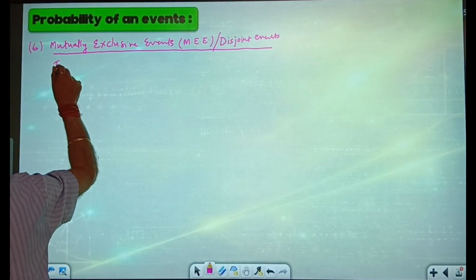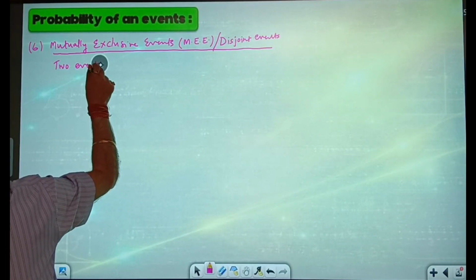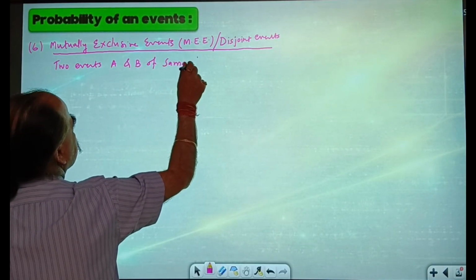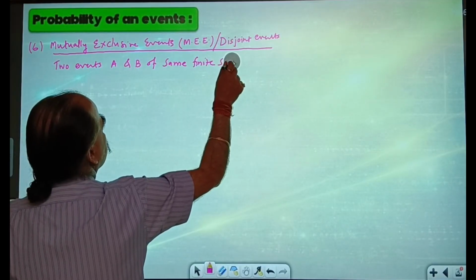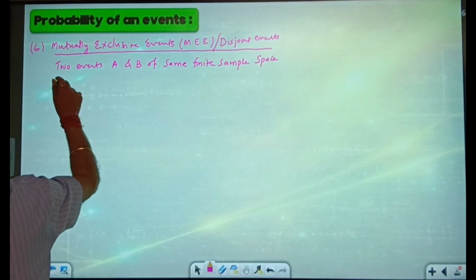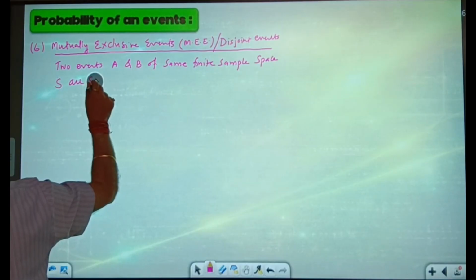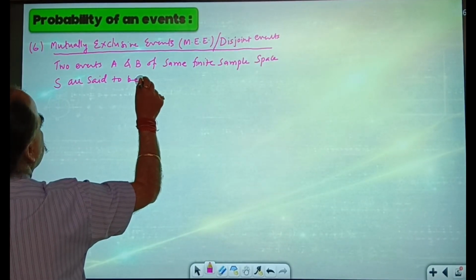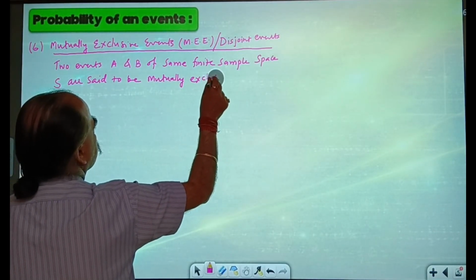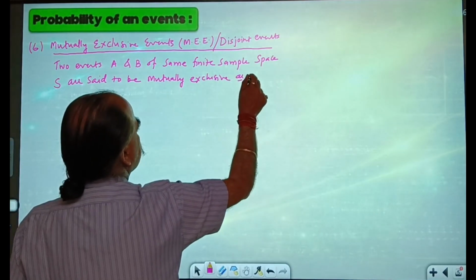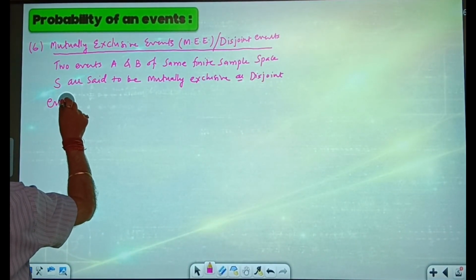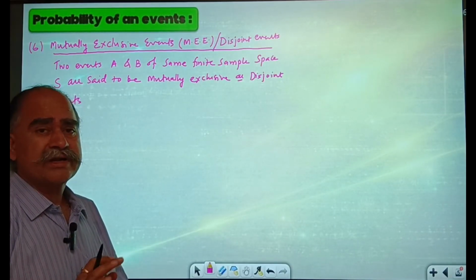Two events A and B of the same finite sample space S are said to be mutually exclusive or disjoint events if they do not have any common point.